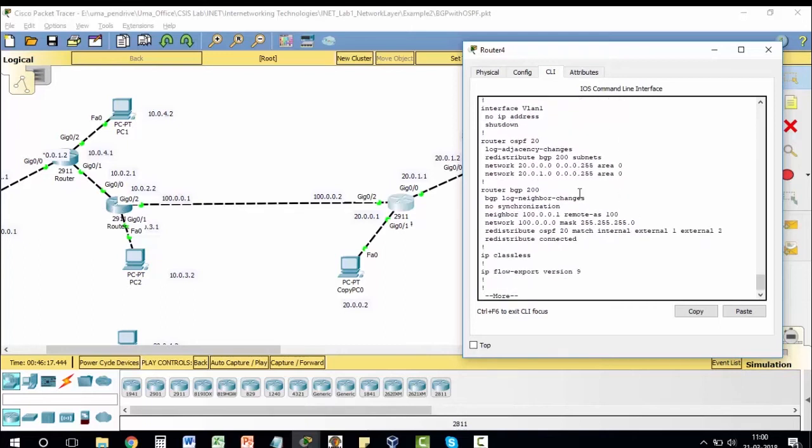Before we look into the OSPF that is running, we'll first look into the BGP that has been configured here. The first line we see is router BGP 200. This 200 represents the AS number, that is, the autonomous system number. Once we give this, it enters the router configuration mode and creates a BGP routing process. The next line is bgp log-neighbor-changes.